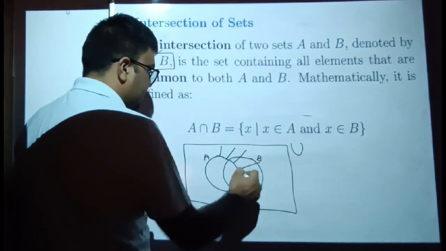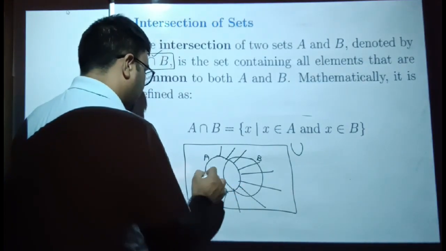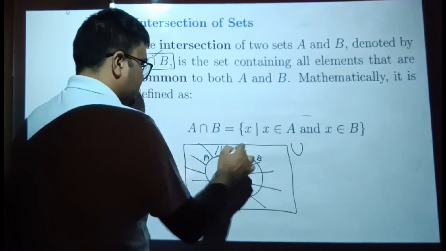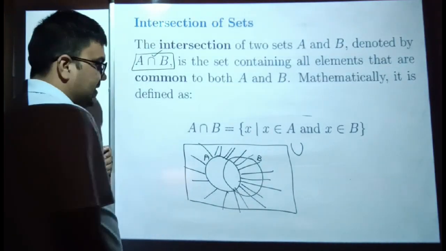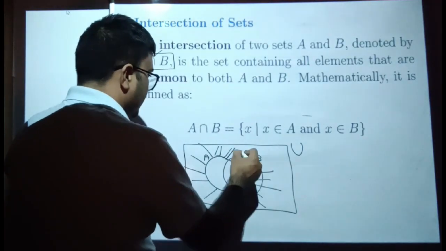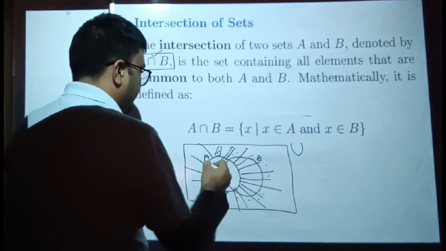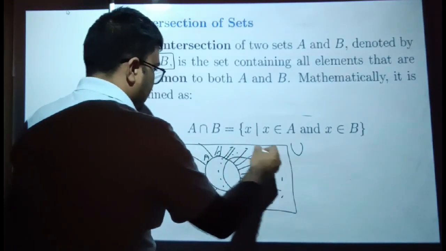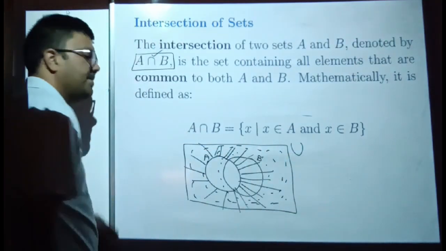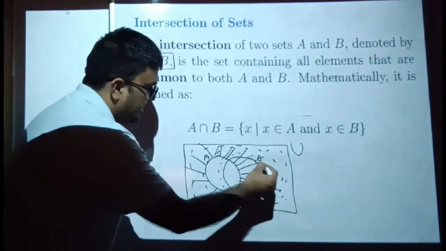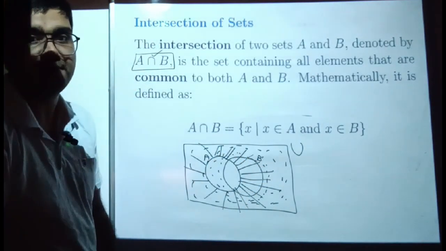A complement is this portion. B complement, suppose I am representing it with dots, is this portion outside B. This dotted region is representing the B complement.